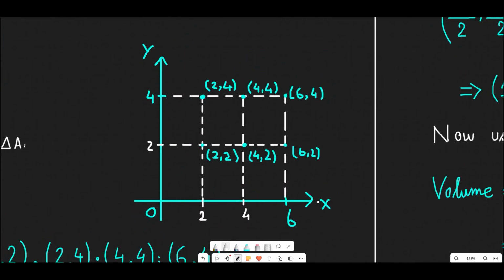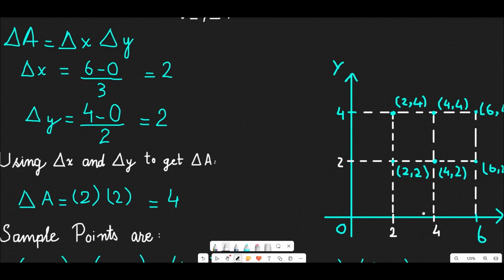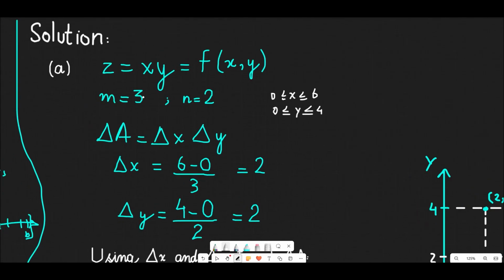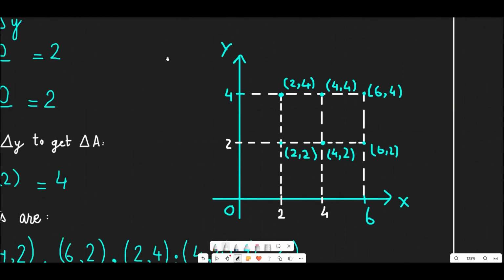Okay, this is our x-axis and this is our y-axis. Our x-axis has the boundary of 0 to 6 and the y-axis has the boundary of 0 to 4. And we have to divide this x-axis into three sub-intervals, which is given as m is equal to 3.